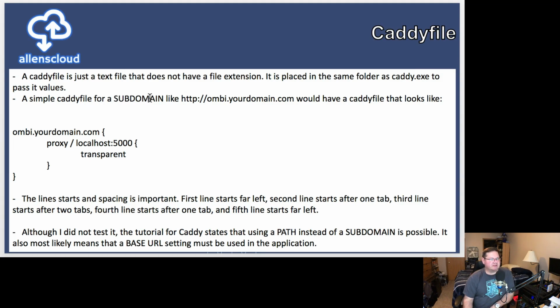You can either have a subdomain, which is like this link here, where you have ombi.yourdomain.com. Instead of www or open office, you have Ombi, and so Ombi would be the subdomain for your top level domain here. And the Caddyfile, it's right here.